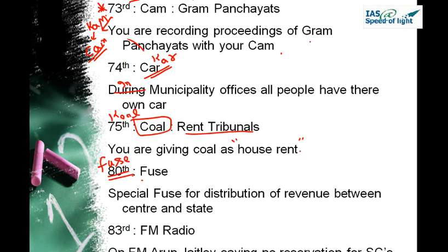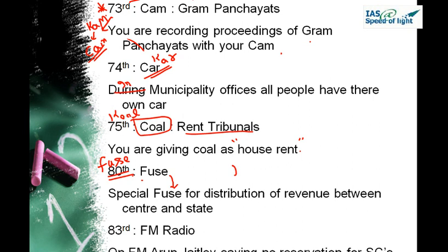This act was enacted on the basis of the recommendation of the 10th Finance Commission, which was set up, and it says that of the total income which the center obtained from taxes and duties, 29% of that whole revenue has to be distributed to the states. So in one way it is about the distribution of revenue between central and state, and we see a special fuse for the distribution of revenue between the central and state.